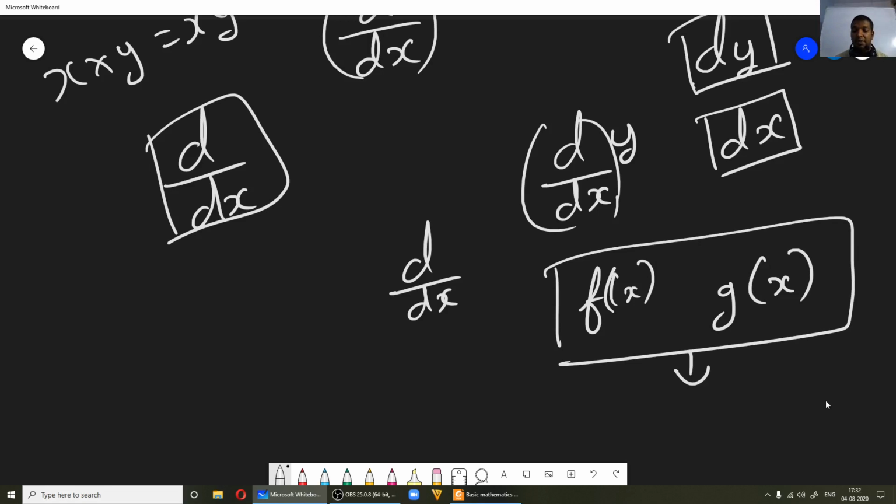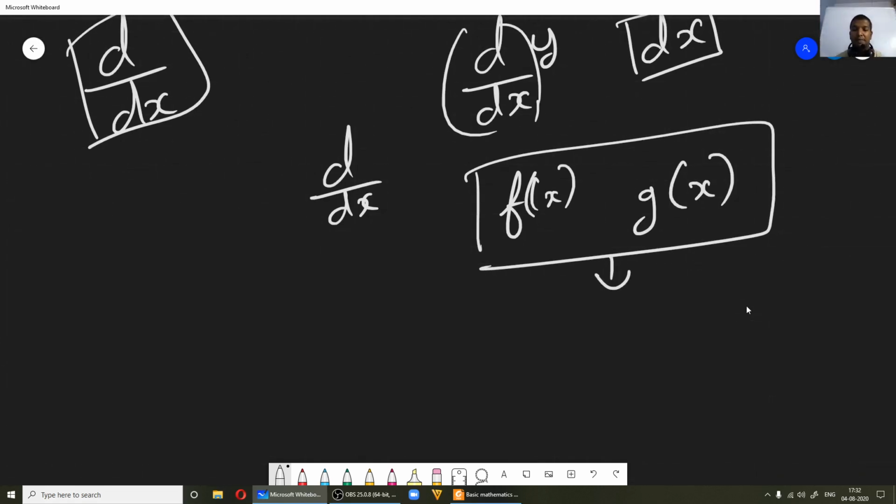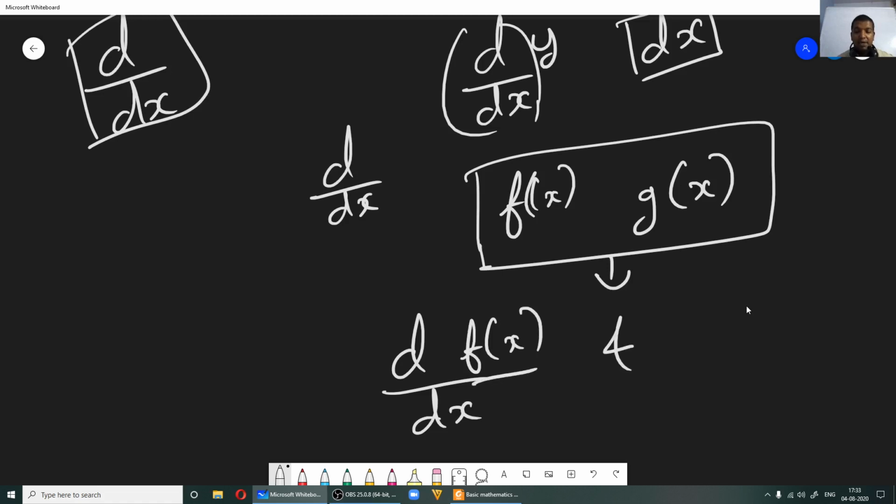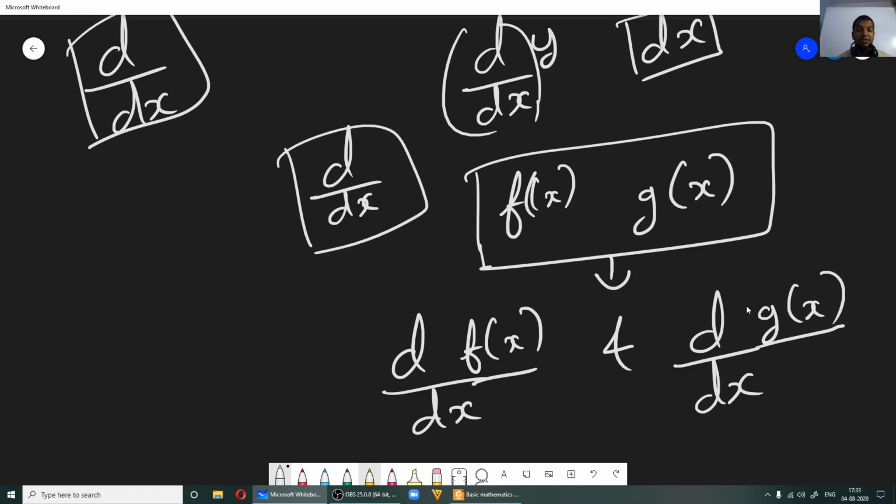When you use this differential operator on these functions, you are basically doing differentiation, that's all. So you can say d by dx of f of x, d by dx of g of x. We'll call this d by dx the differential operator.